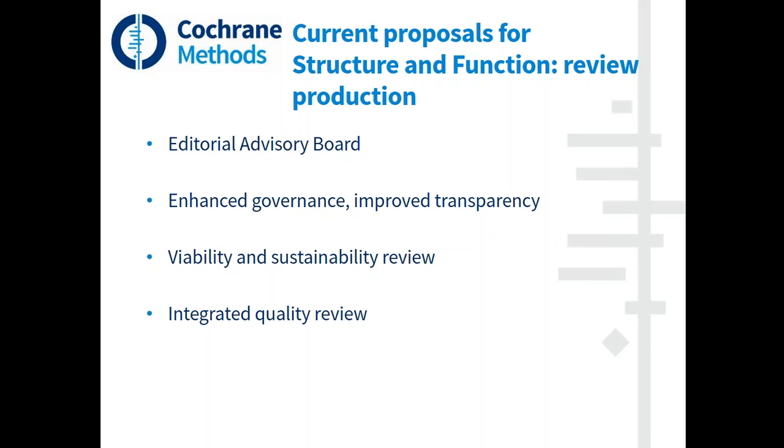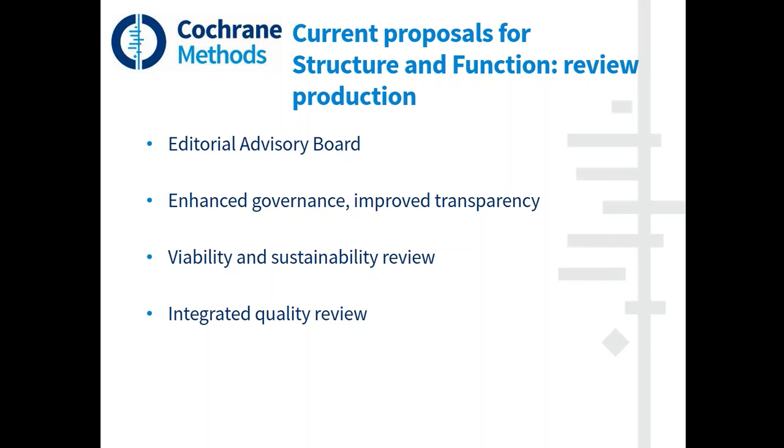The third bullet point relates to a sustainability review that has two core aims. Firstly, to create networks of groups that have capacity, have sufficient editorial skills, methodology skills, or access to methodology skills, that have strong leadership, that have good networks, either in clinical communities or relevant research communities, and that bring together groups that have things in common and shared aims.